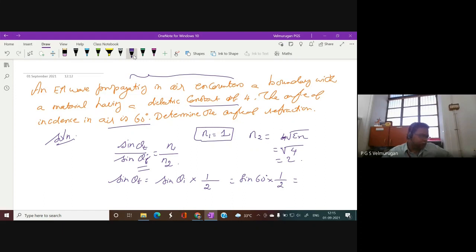Now tell me the final answer for this one. Take the value and then take the inverse: sine inverse of sine 60 degrees into 1 over 2. How much will you get? Theta t, the angle of refraction, see what comes.